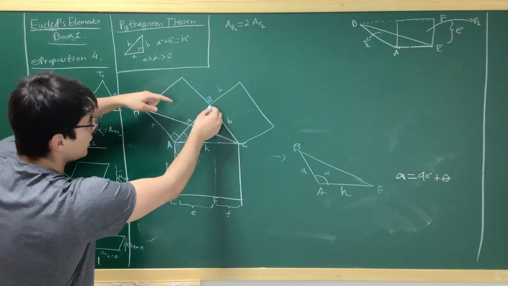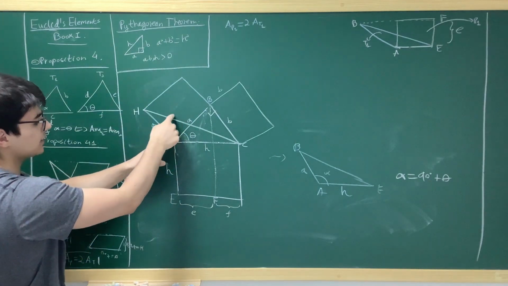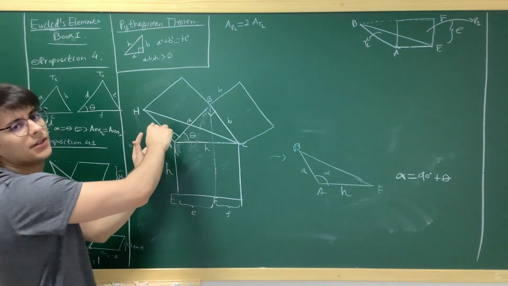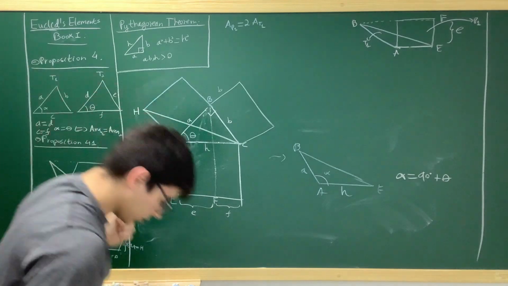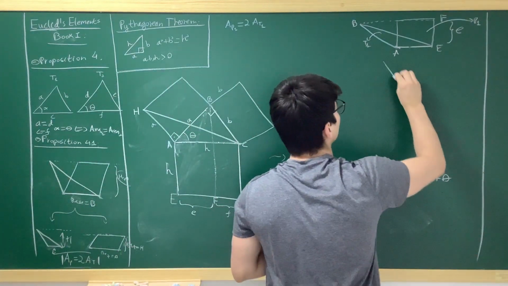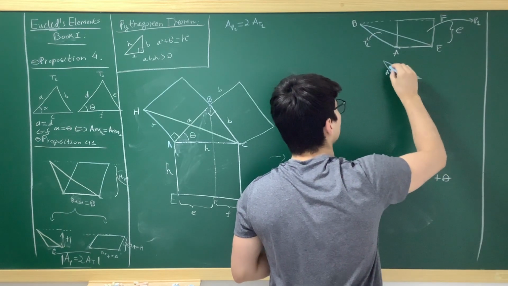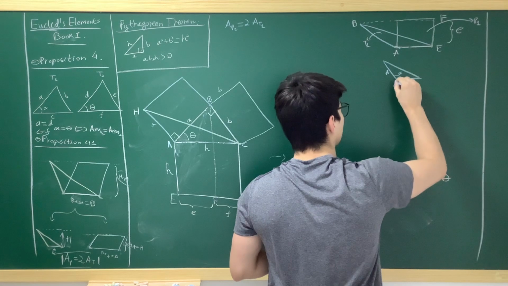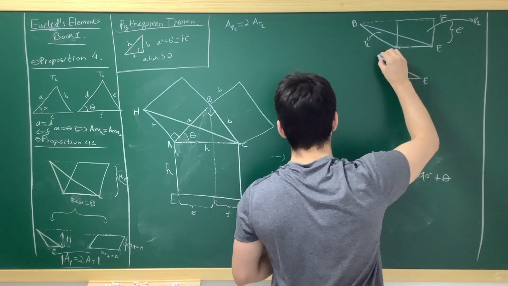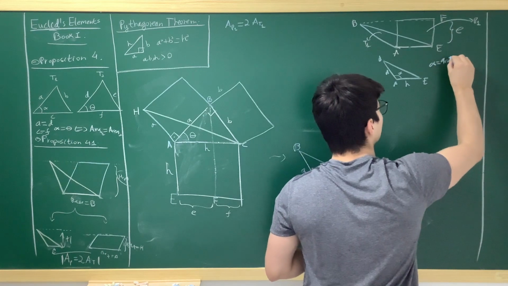So all we have done is taken the triangle that was right here and actually just flipped it around this axis, around this point, and put it into here. Oh, sorry. So I'm gonna put this result here, this one, for you to remember. So this was alpha, this was A, this was H, A, E, and B. And alpha is just 90 plus theta.